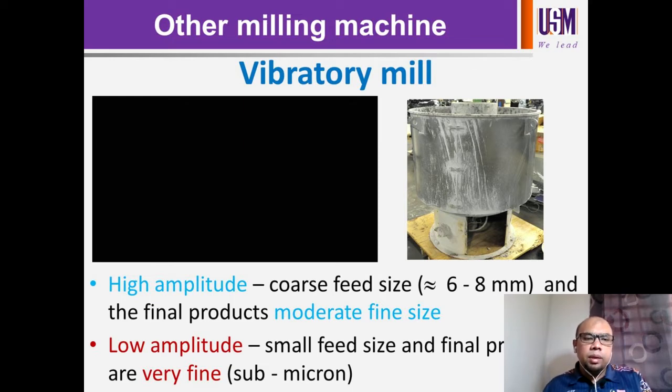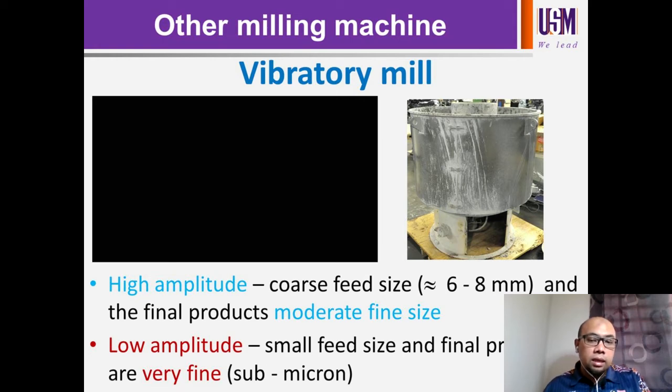It is commonly used in the mineral resources sector. Let's say if they want to sieve the dust from the original quartz or other kinds of minerals, they will use these vibratory mills.